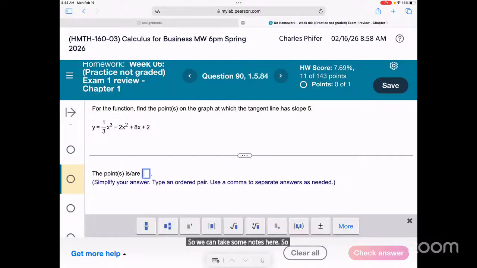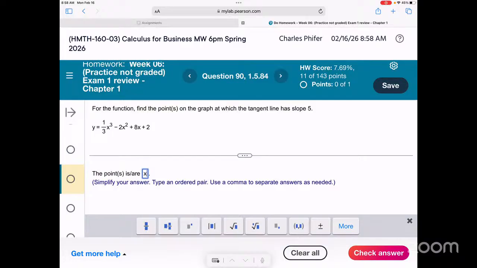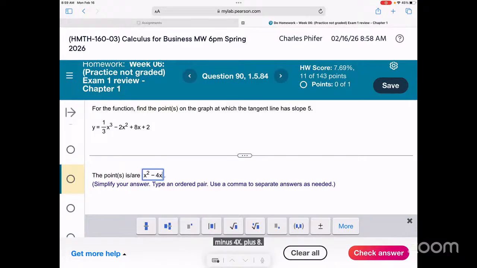If the 3 comes down, that's going to be x squared minus 4x plus 8. We want to set this equal to 5 and solve.